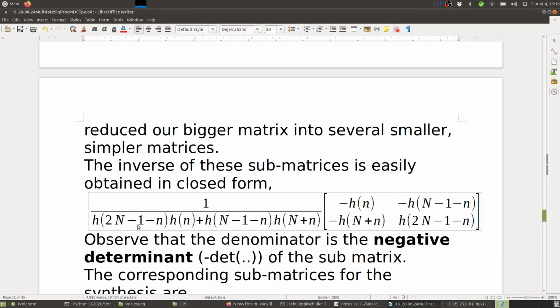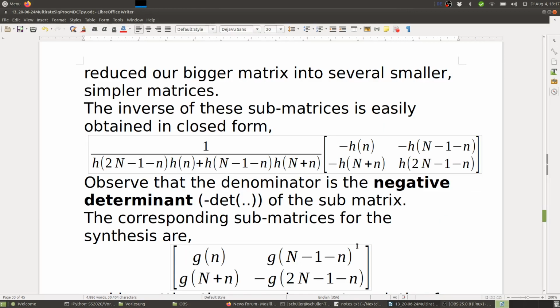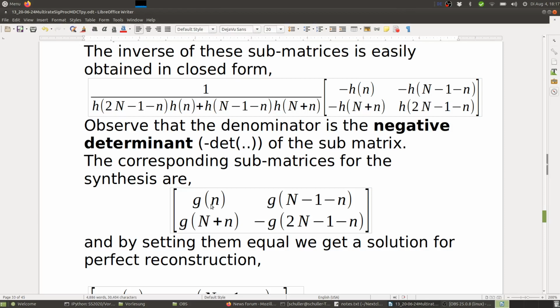And here what we have in the denominator is the negative determinant, right, when you look at it. So here the determinant would be this times this minus this times this, and here basically we have the negative of it, of this submatrix. So the corresponding submatrices for the synthesis are this, right?